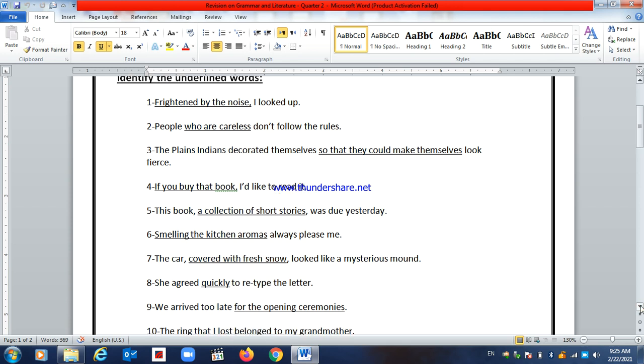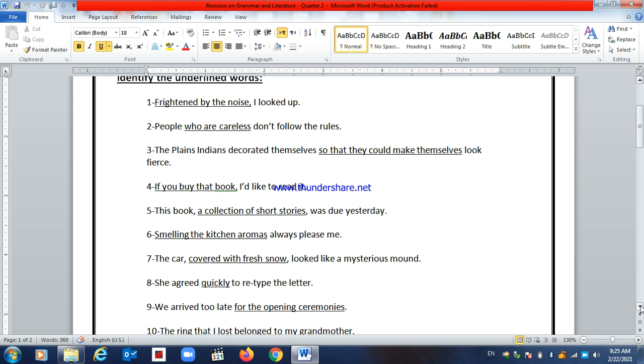She agreed quickly to retype the letter. The word quickly is underlined. If you want to identify quickly, quickly is an adverb of manner. Number 9, we arrived too late for the opening ceremonies.